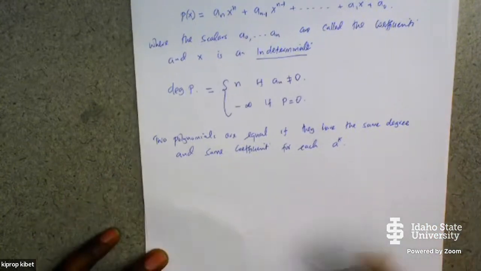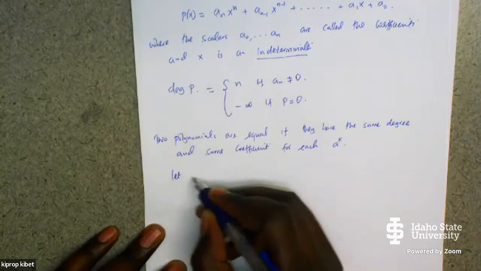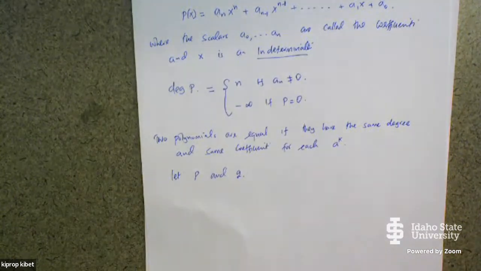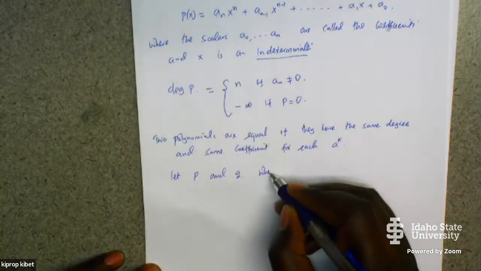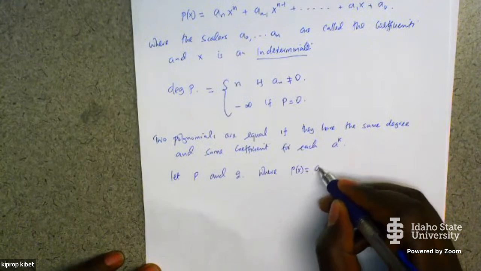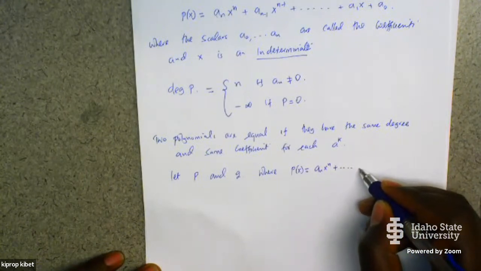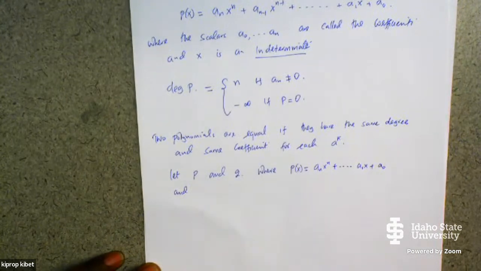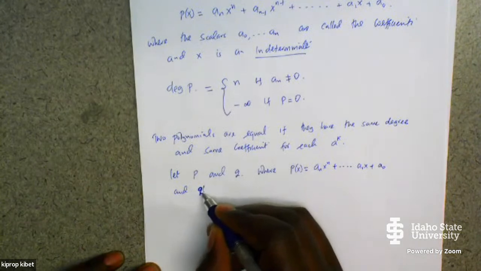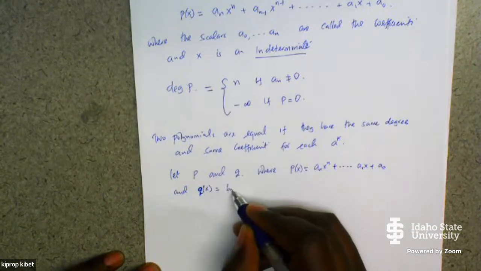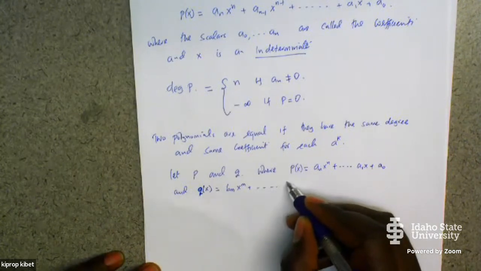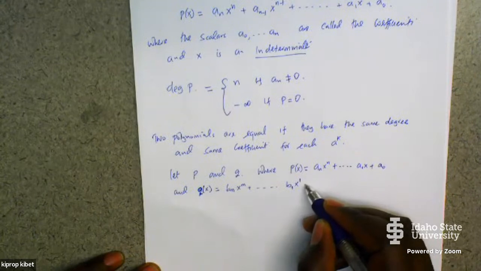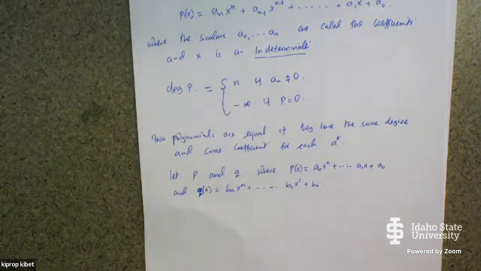So if you have polynomials P and Q, where P of X is equal to AN XN plus all the way to plus A1 X plus A naught, and Q of X is equal to BM XM plus all the way to plus B1 X plus B naught, you have those polynomials there.